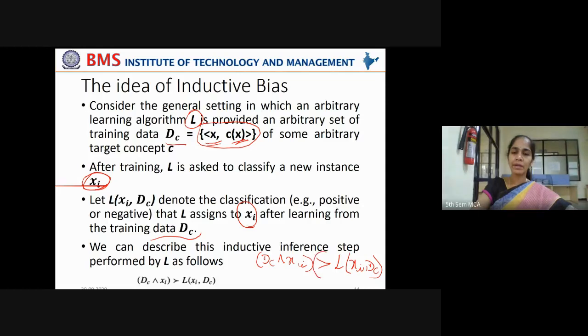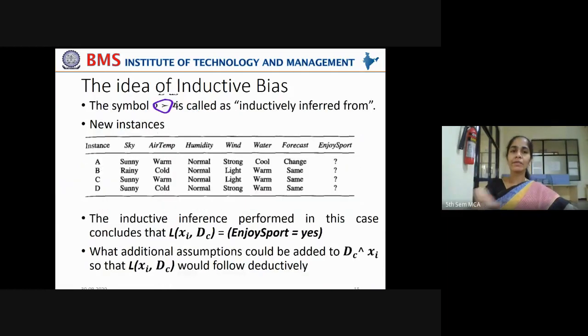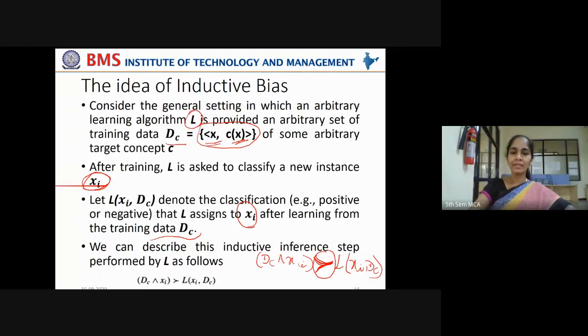What is this symbol here? Not greater than, it is something like this. This symbol is called inductively inferred from. If I say Y, this symbol, Z, then I can read it as Z is inductively inferred from Y. Okay, we read it from the right hand side: Z is inductively inferred from Y. Let's see why we are saying that in this case.